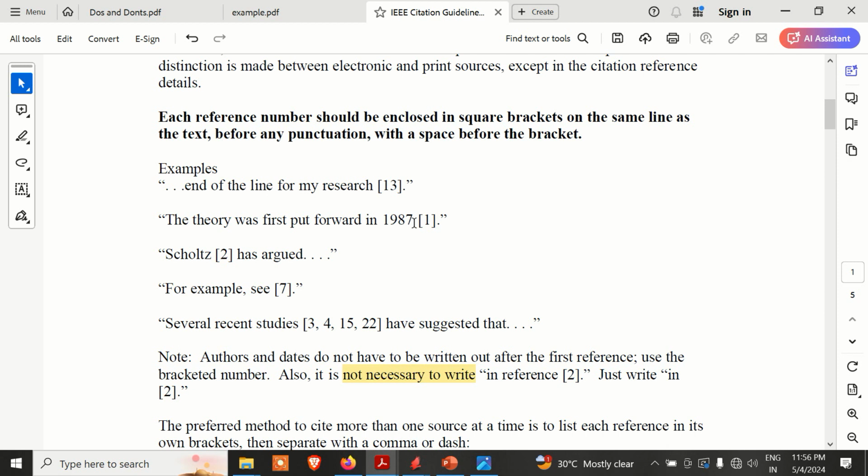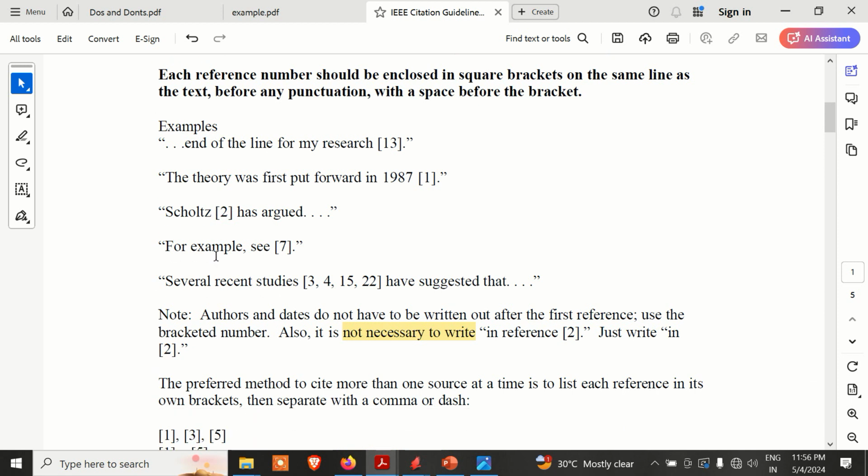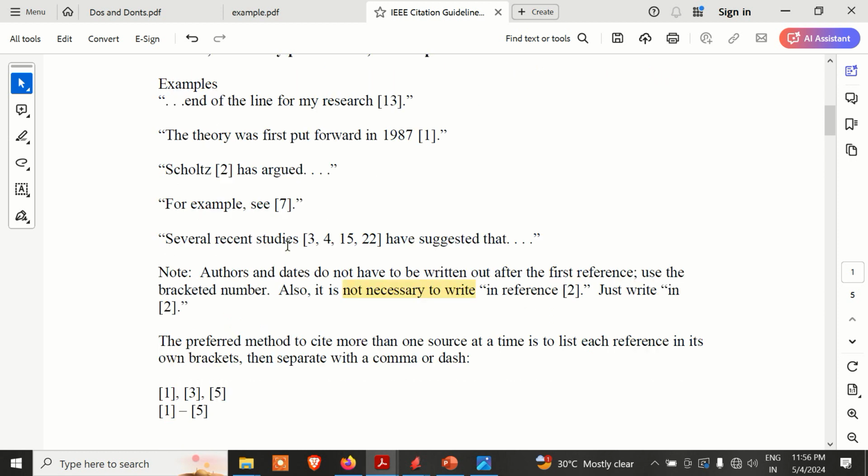or maybe if you have some numbers, again a space, then the reference number, or maybe as a part of the text, so and so author has argued, then you mention the reference. You can also say, refer, for example, and then the reference number.